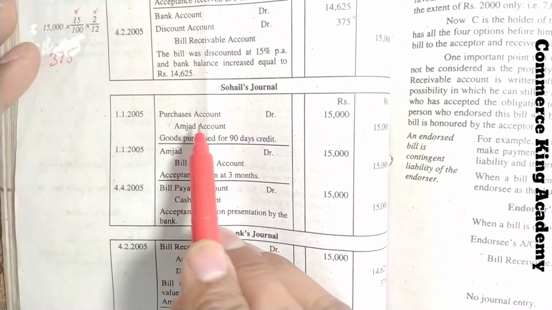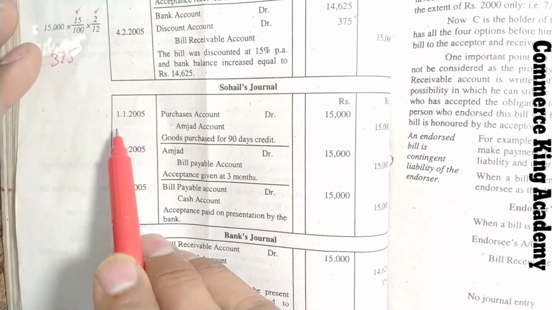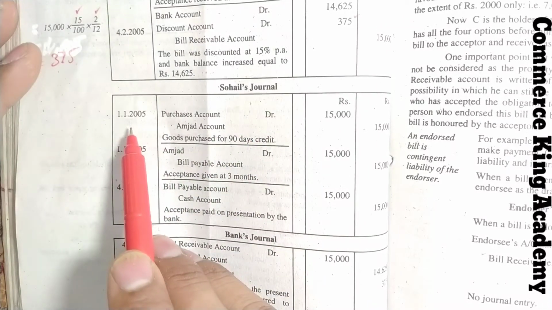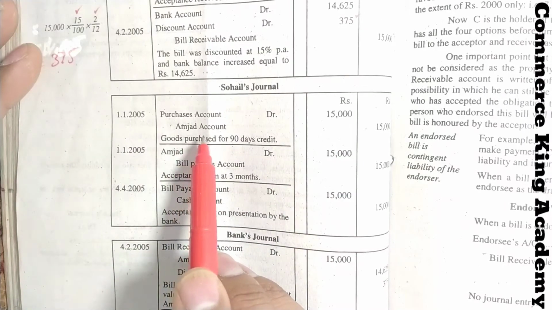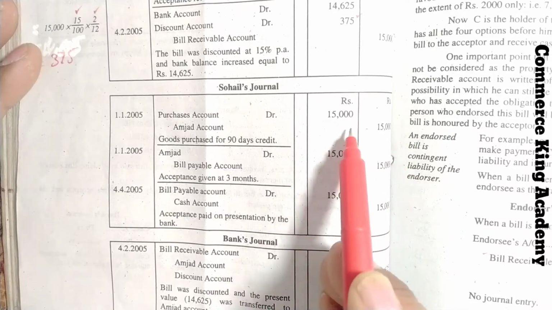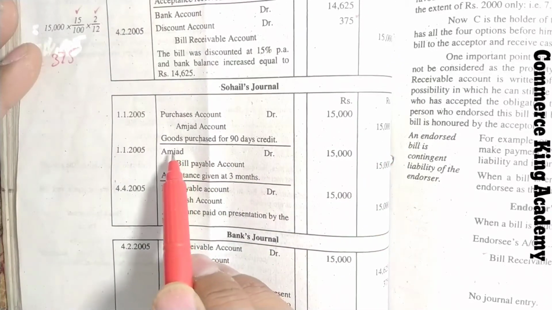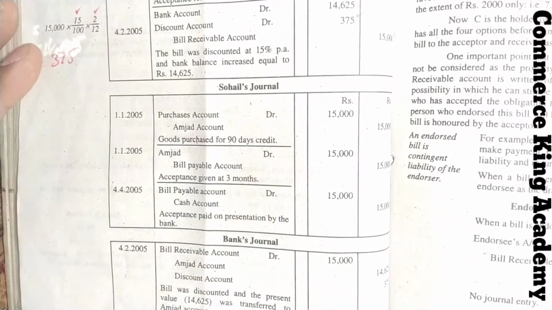On the same date, the purchases account will be debited in the accounts of Mr. Sohail on 1st January 2005 amounting to 15,000 rupees, and Amjad account credited by 15,000, the same amount as debited, with description: goods purchased for 90 days credit.